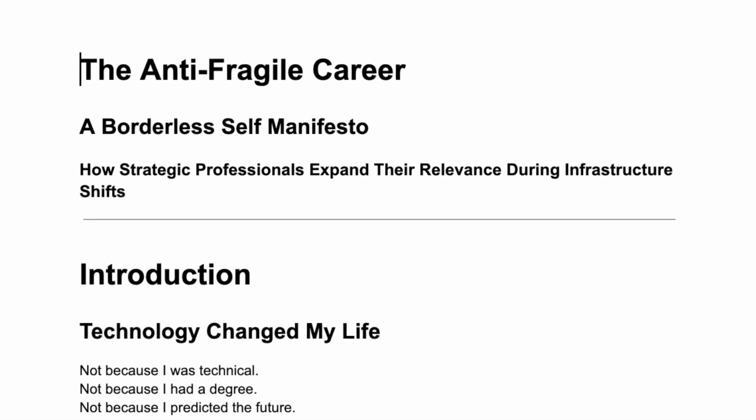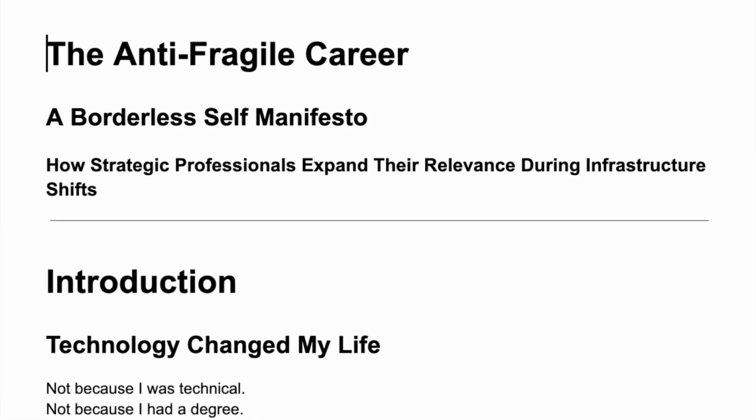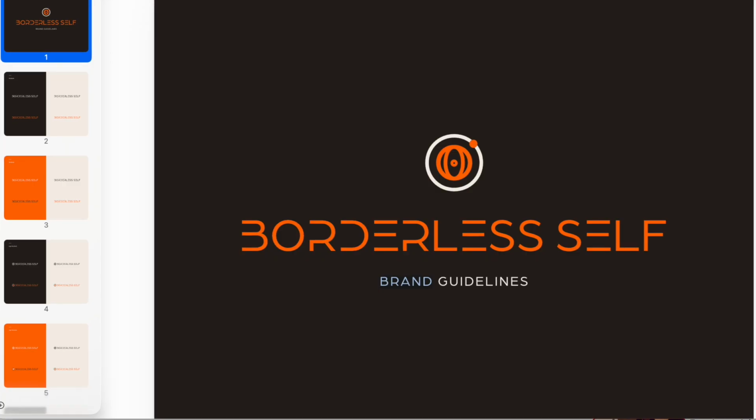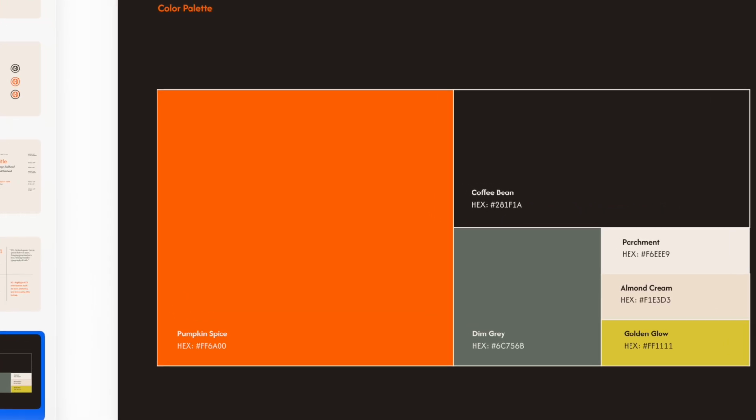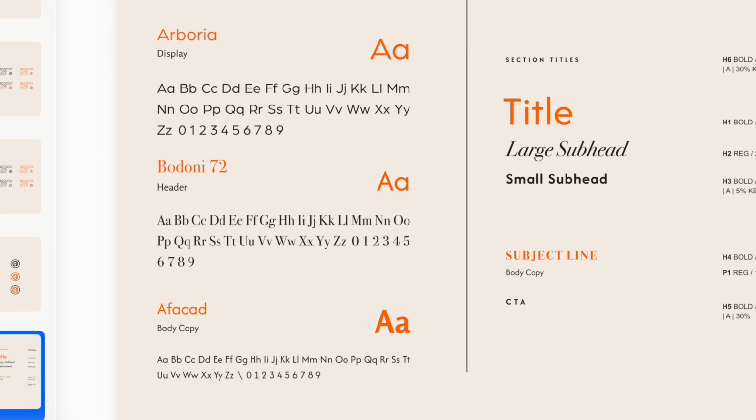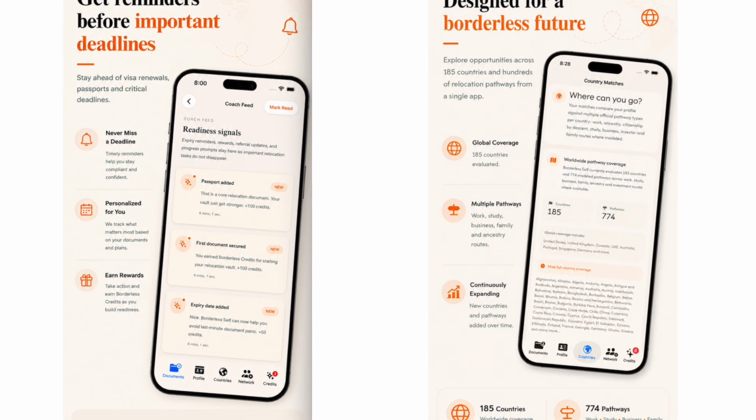So, in the first one, I talked about writing a manifesto that embodied who I'm building for and why. And then the second thing I did was work on the brand, look and feel, designed a logo, made some decisions around color palette and fonts, etc., and built some brand guidelines.